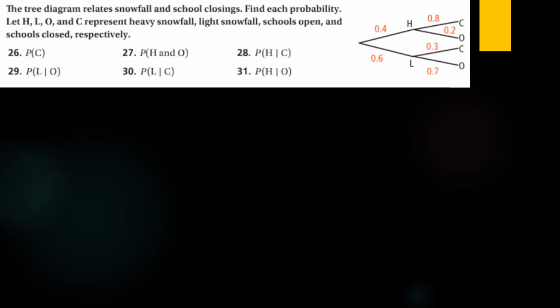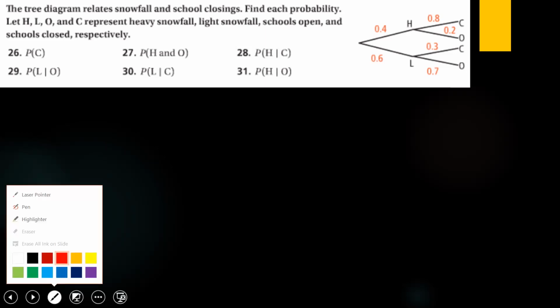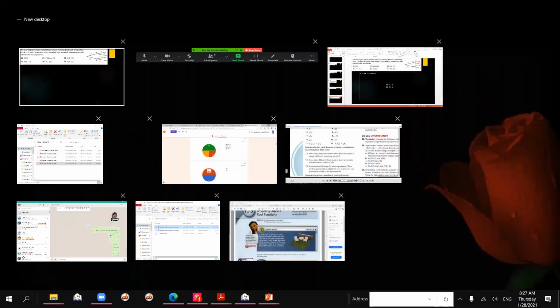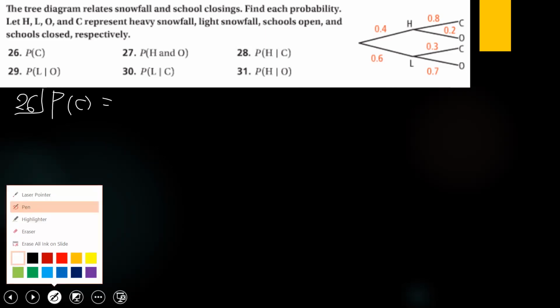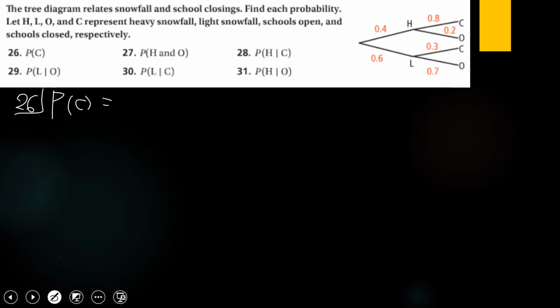Let's now do number 26. What is the probability that the schools are closed? To find the probability that the school is closed, we have two options of closed.